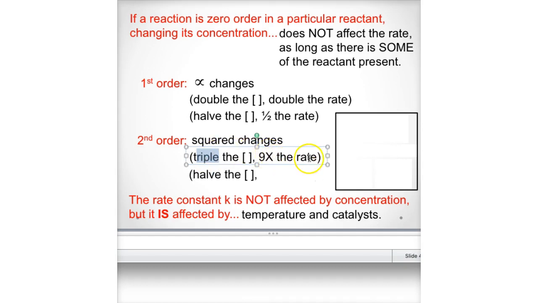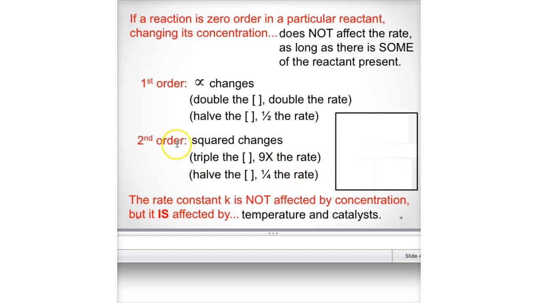So the rate is going to increase by 9-fold. If you half the concentration and the rate changes by 1/4, then this half squared, which is 1/4, is going to be the change in the rate. That's how much the rate is going to change, by 1/4.